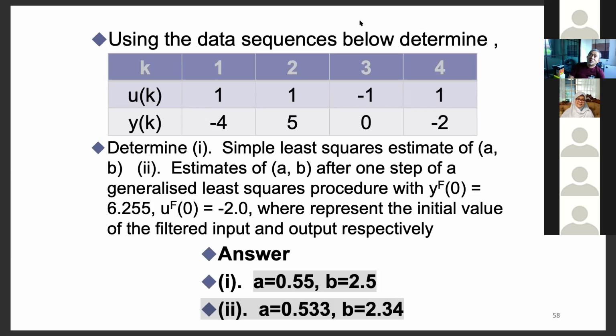That is course learning outcome number 2. Test 1 is course learning outcome number 1. Test 2, we will test you on course learning outcome number 2. The assignment will test course learning outcome number 3, which is the integration between system identification and estimation values. I open the class for any questions on the assignments, because the assignment is 30%.